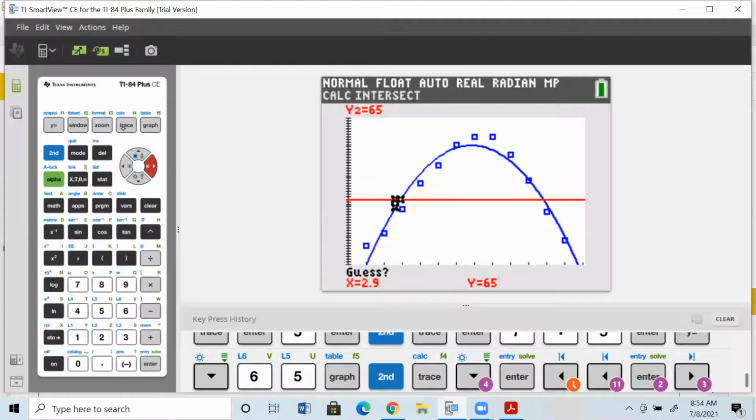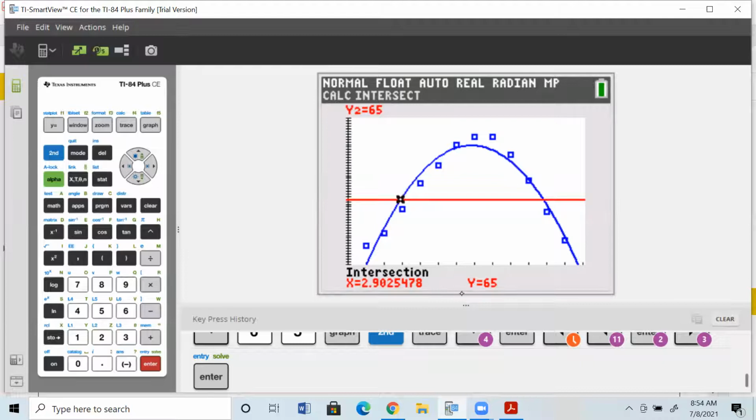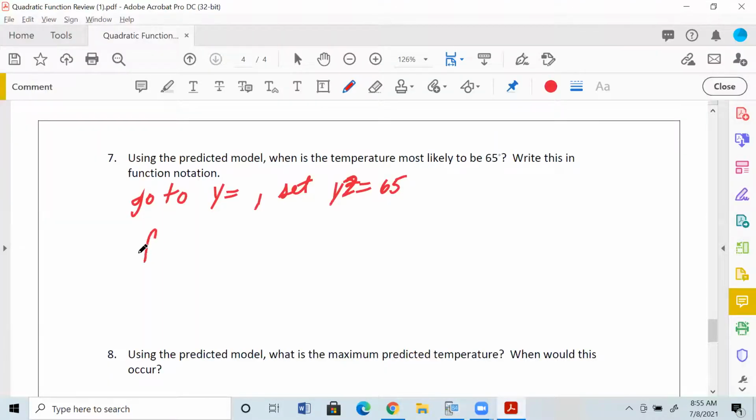We can arrow over, or our calculator is also smart enough to figure things out without us. This shows us that our intersection is at 2.965. So we could write f of 2.9 is approximately 65. This would mean toward the end of February, we would expect the average high monthly temperature to be 65 degrees.